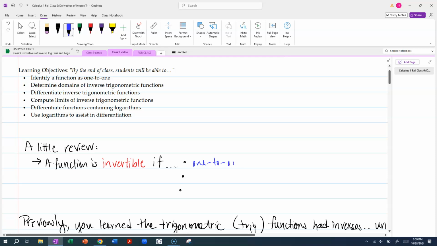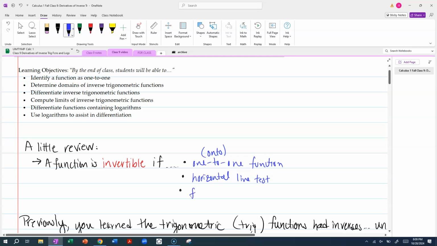This is sometimes called onto. And this just means that the domain is completely covered. Another way we can test for a one-to-one function is by making sure that it passes the horizontal line test. And since it is a function, it already passes the vertical line test, so it has to pass both the vertical and the horizontal.